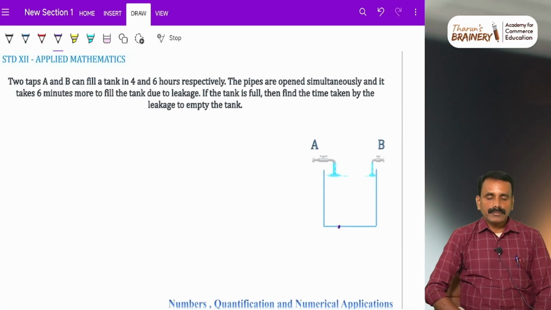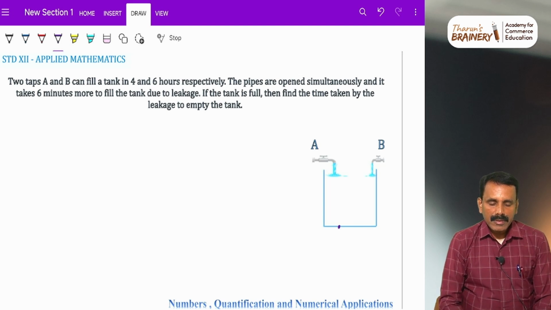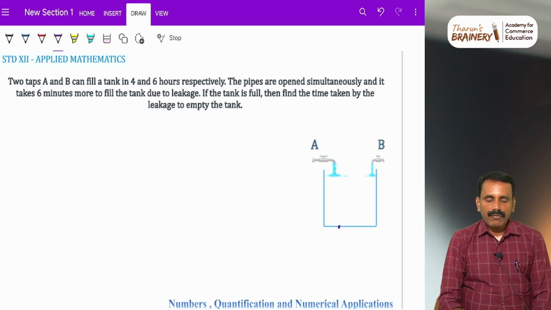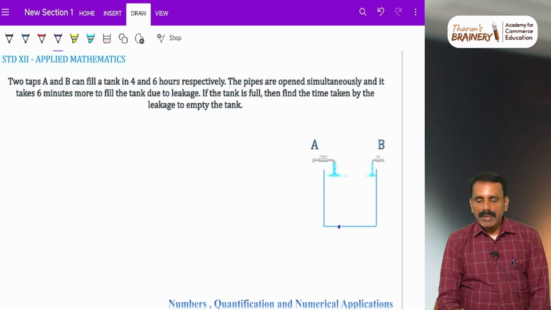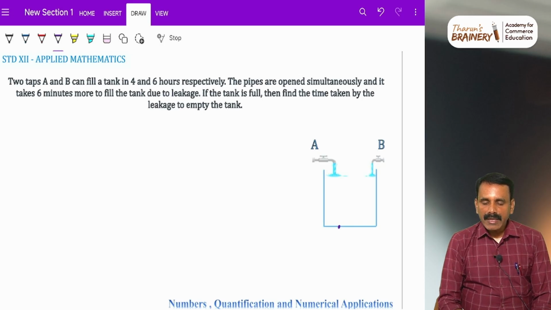Now, in this problem, two taps A and B can fill a tank in 4 and 6 hours respectively. The pipes are opened simultaneously and it takes 6 minutes more to fill the tank due to leakage. If the tank is full, then find the time taken by the leakage to empty the tank.